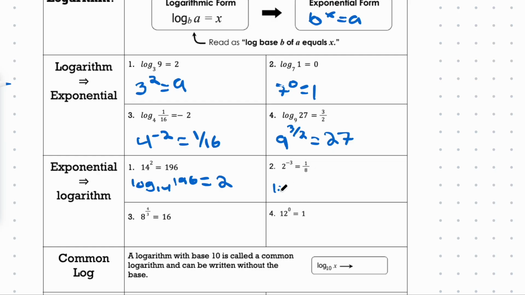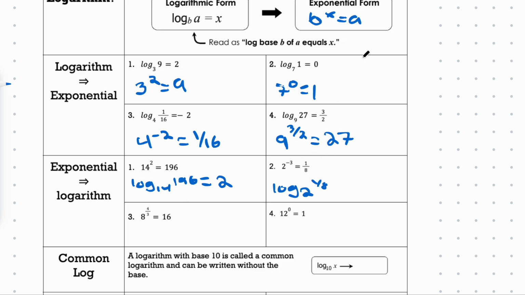Okay, let's move on to here. Log. What's our b value here? Well, it's our base, 2. And then what's our a value? Well, our a value is just going to be 1/8, right?